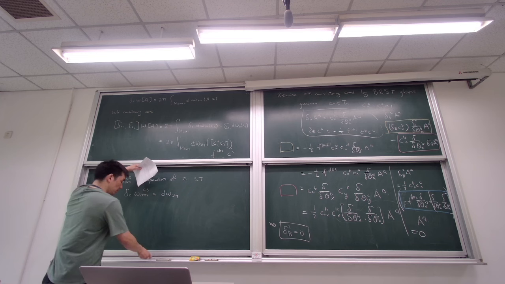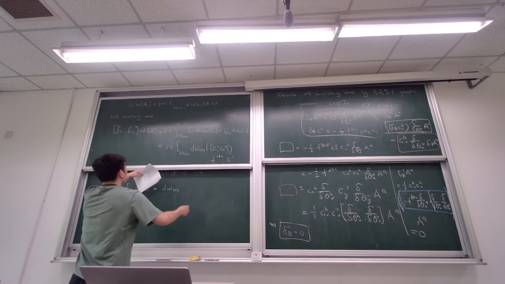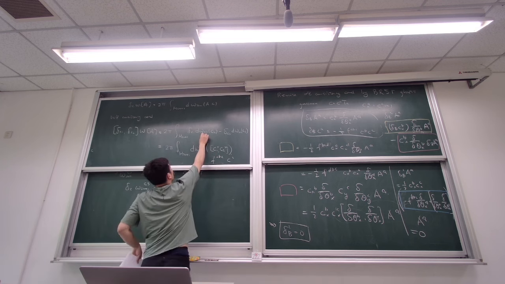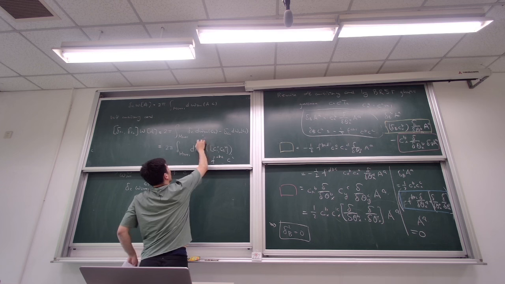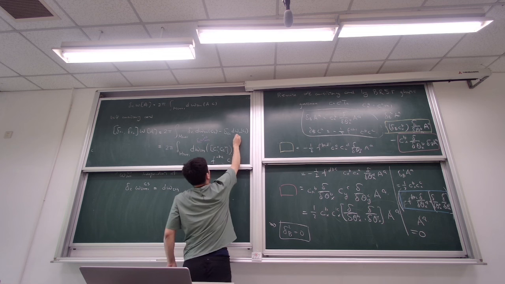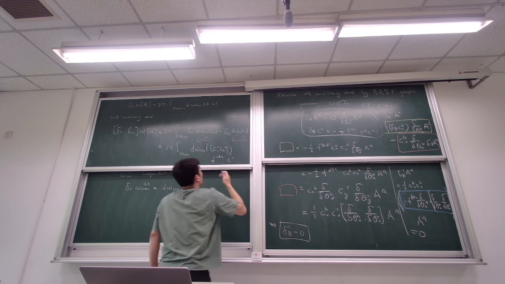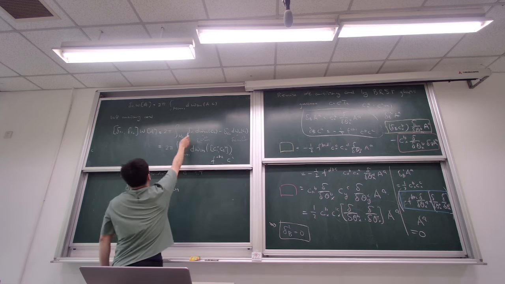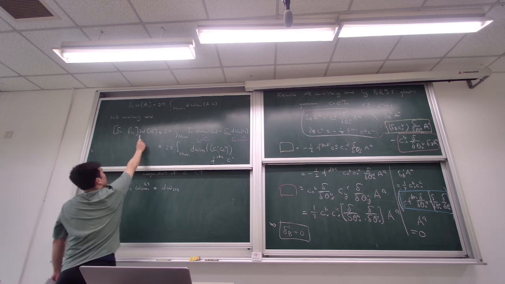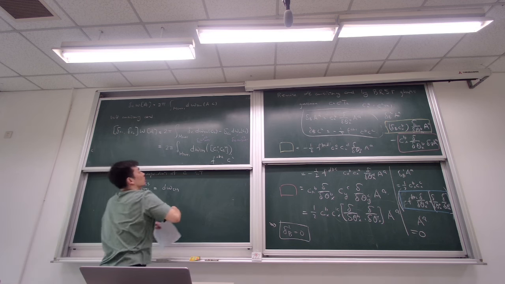If you replace this one, it is equal to ω Chern-Simons δ_C2 (2n+1). For this one you replace δ_C1 ω Chern-Simons (2n+1). Then you just take the commutator, literally the commutator of δ_C1 and δ_C2 acting on this.